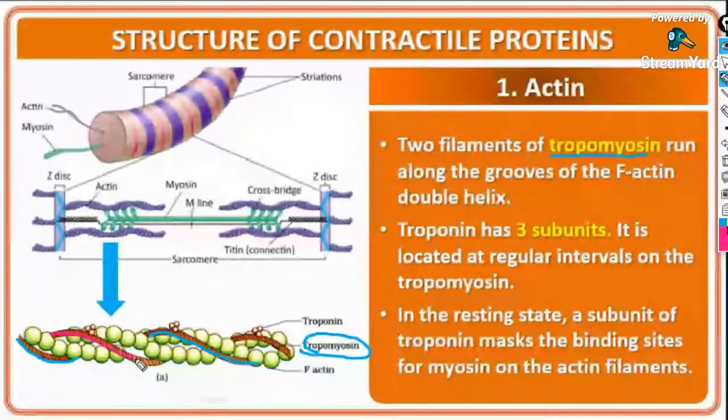This is another one. So two tropomyosin filaments run along the grooves of the F actin. And troponin is another protein with three subunits, located at regular intervals. This is the troponin, found at regular intervals.